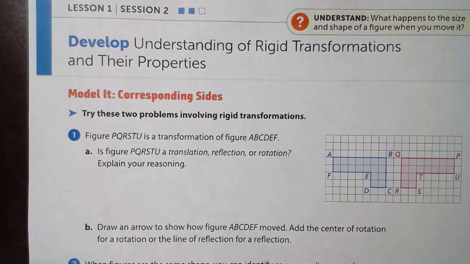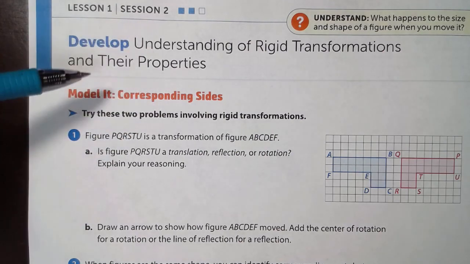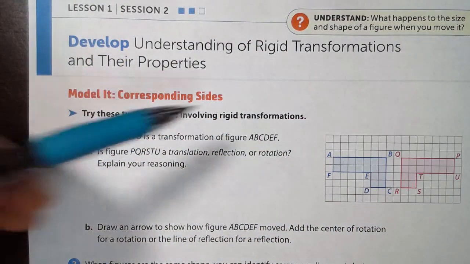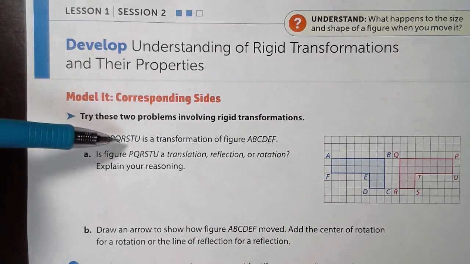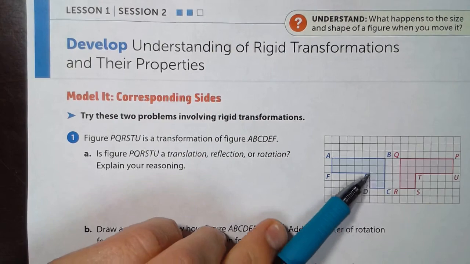We're talking about transformations some more. So this says figure PQRSTU, and that's how we often identify figures, using letters that represent the points of that figure. So this figure is transformed to figure ABCDEF.